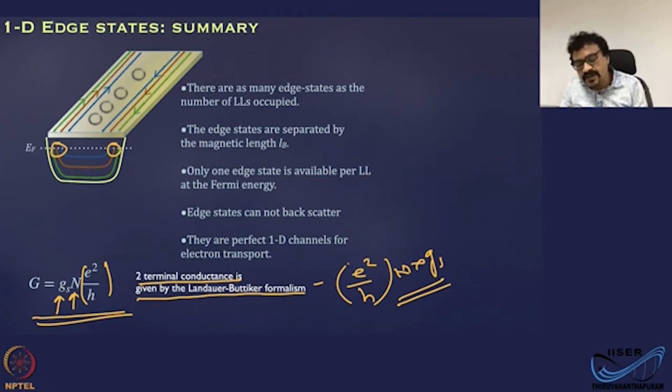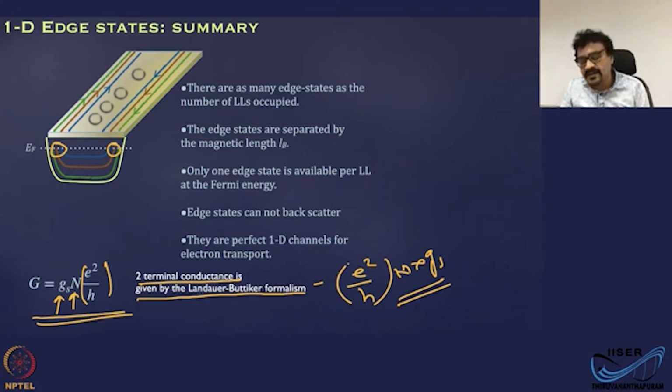So, in summary, transport happens in the system only at the edge. In the bulk, there is no transport; the states are localized, and the bulk is insulating.